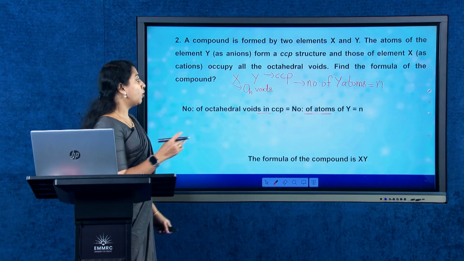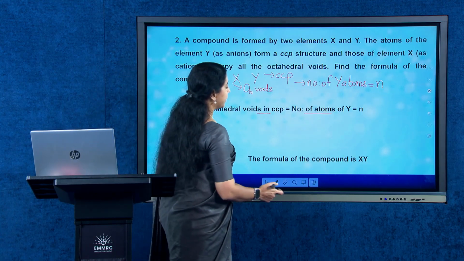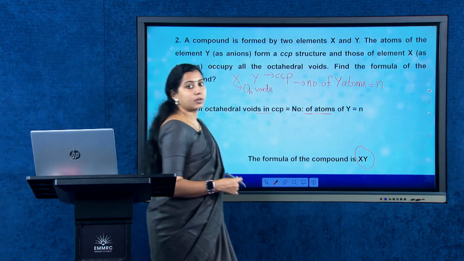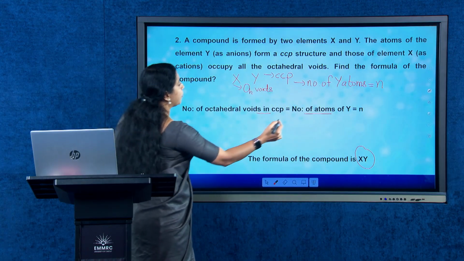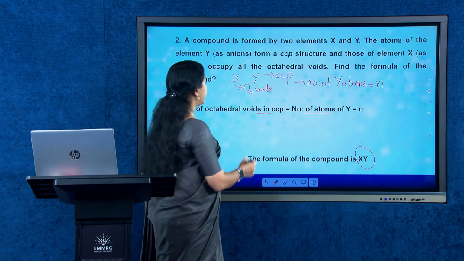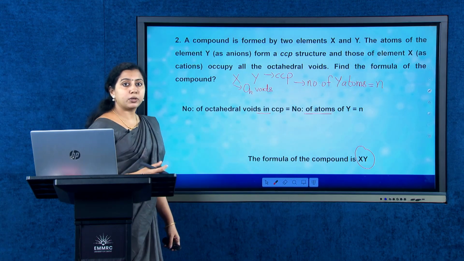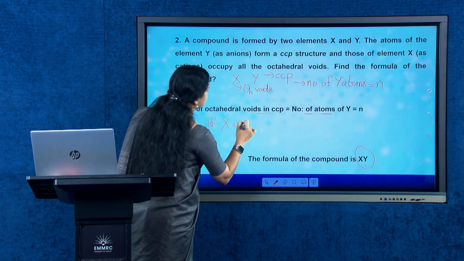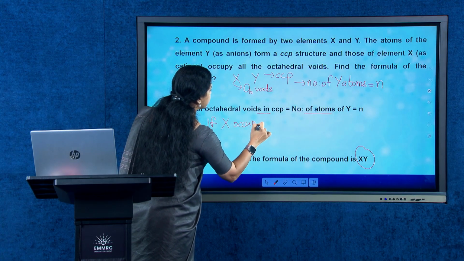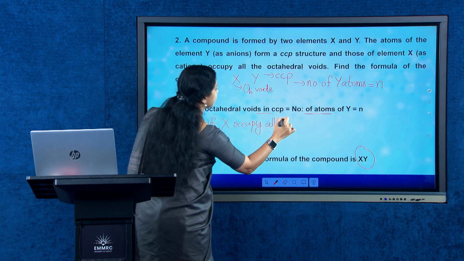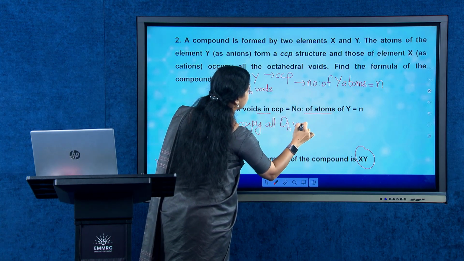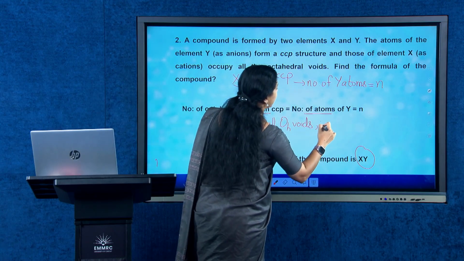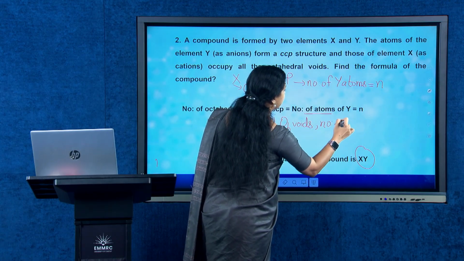If all the octahedral voids are occupied, then what will be the formula of the compound? It will be XY. And how is XY formed? Number of atoms of Y is n, number of octahedral voids is also n, and if X occupies all the octahedral voids, then the number of X atoms will also be equal to n.